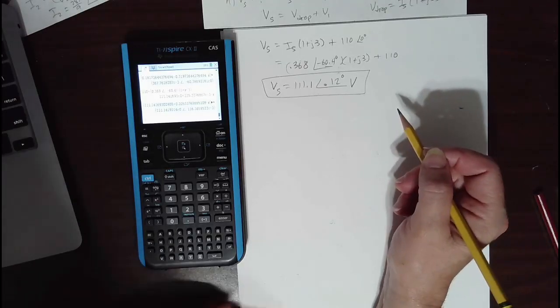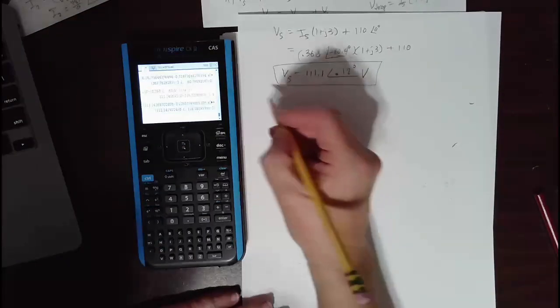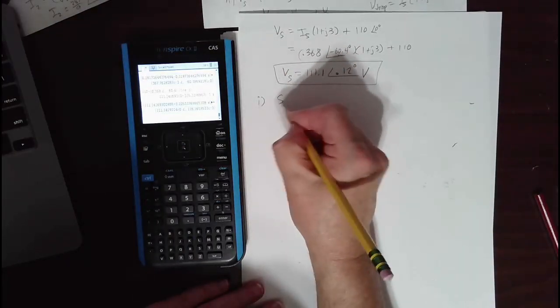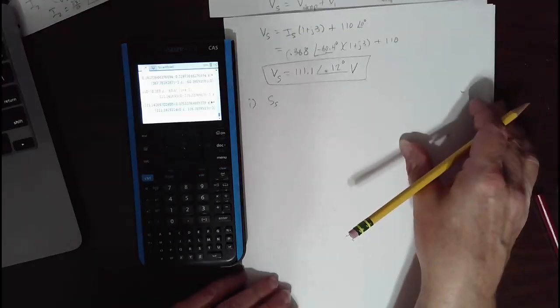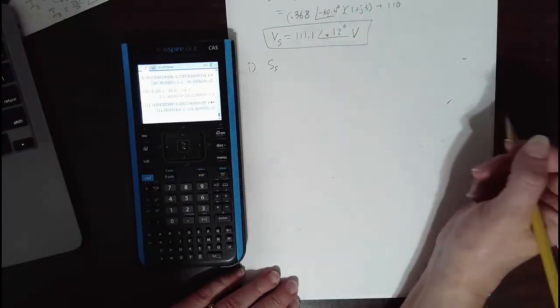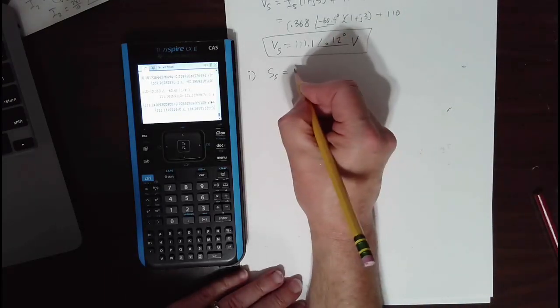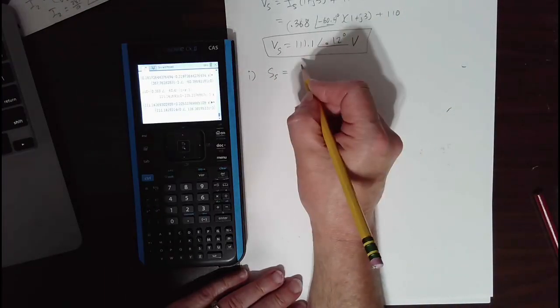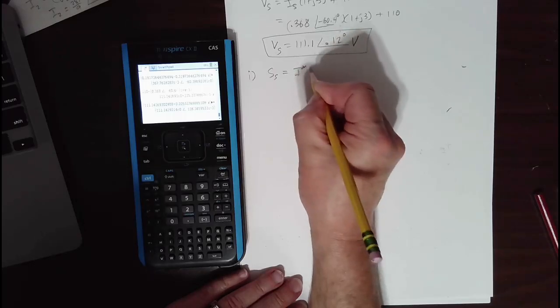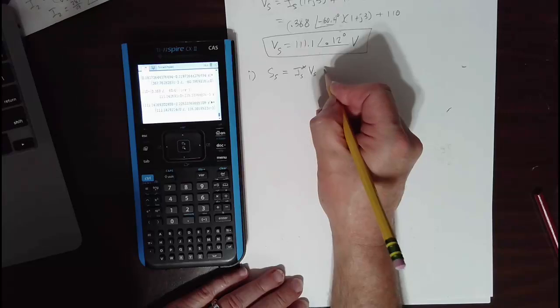What's next? Let's say I, we want to find the source power. For I, what is the source power? Complex source power, S_S. S is V times I conjugate, or I conjugate V. But these are both the source current and source voltage.